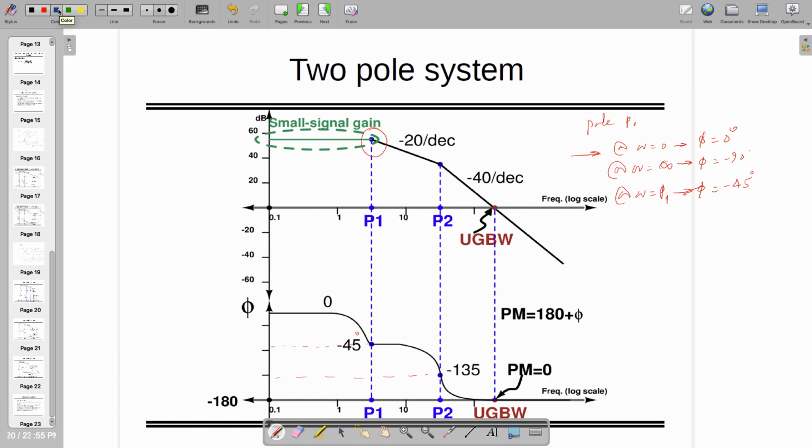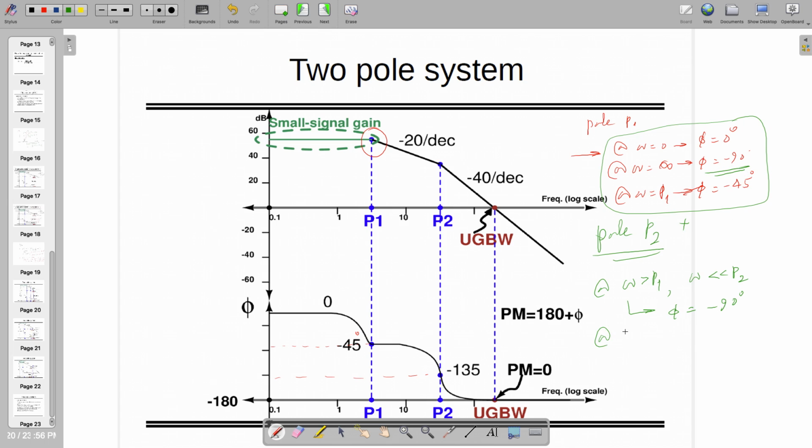But when we have the pole number 2, which is again having identical characteristic of pole P1, but it's going to be added on top of the previous contribution. So at low frequency, or you can say that if omega is more than P1, but much lower than P2, then the contribution of phase is going to be equal to minus 90 degree, which is coming from here.